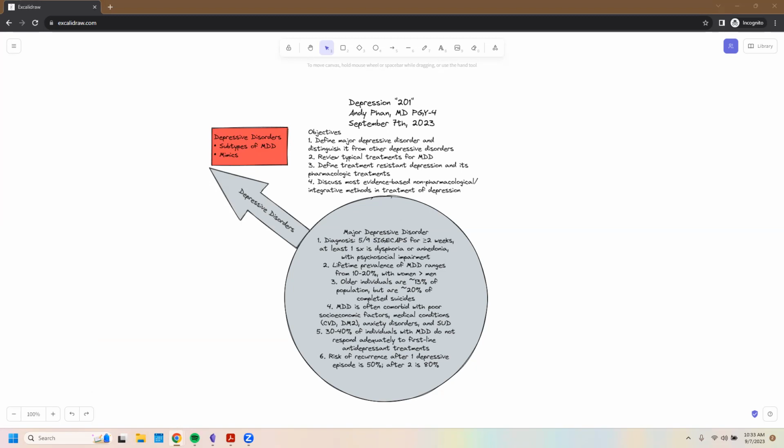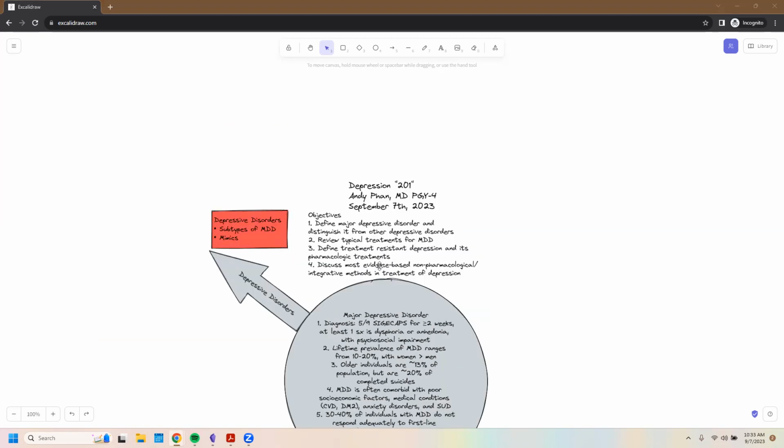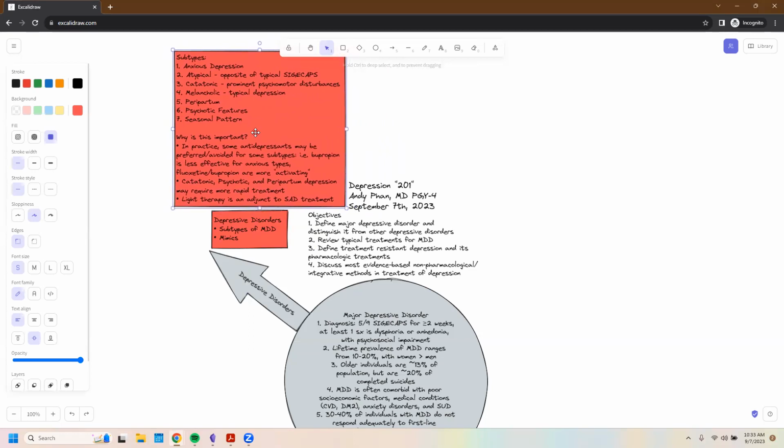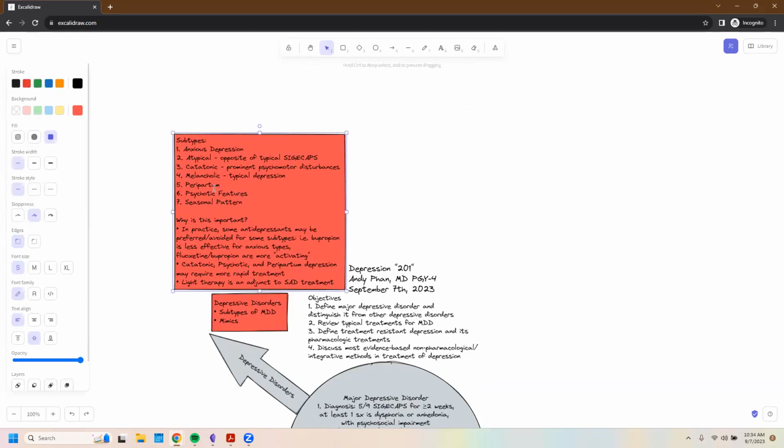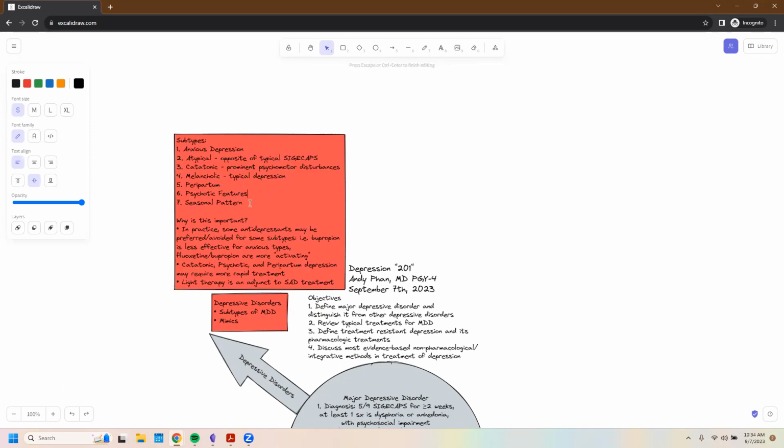Subtypes, and this is more of the nitty gritty, would be, for example, if someone has atypical depression or melancholic depression, which is the typical depression, and peripartum depression, psychotic features, seasonal pattern.